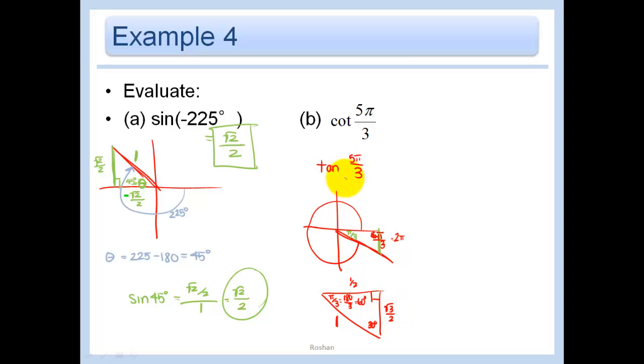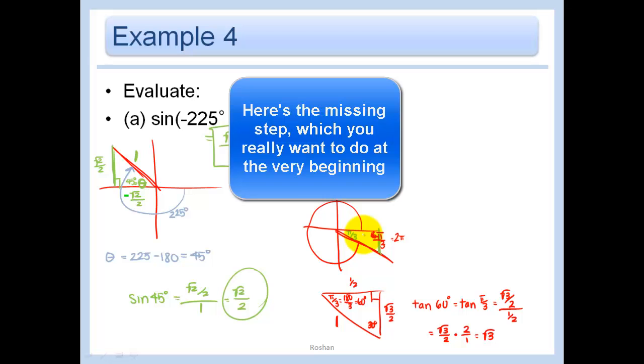So when you ask me tangent, I simply say that the tangent of 60 degrees, which is the tangent of pi over 3, is simply opposite over adjacent, which is root 3 over 2, keep it, change it, flip it, which is just root 3.